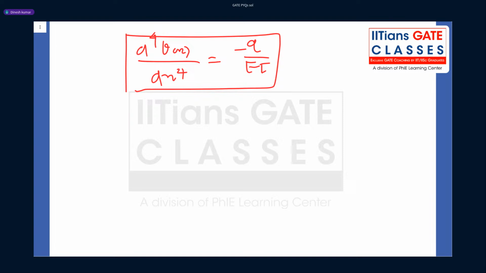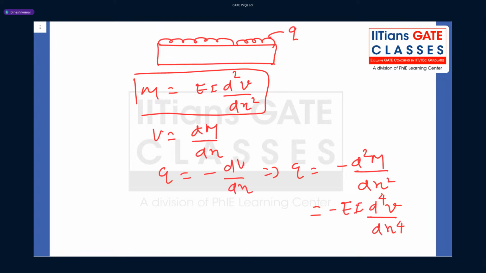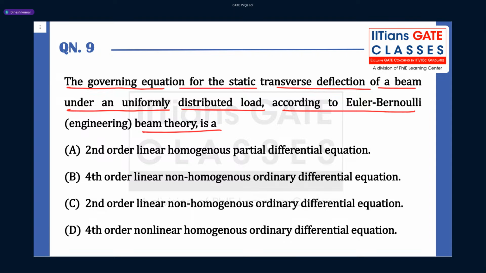Also, it's a linear equation and a non-homogeneous equation. Why non-homogeneous? Because the right side is non-zero. So if you look into the options, the correct option is a fourth order linear non-homogeneous ordinary differential equation.